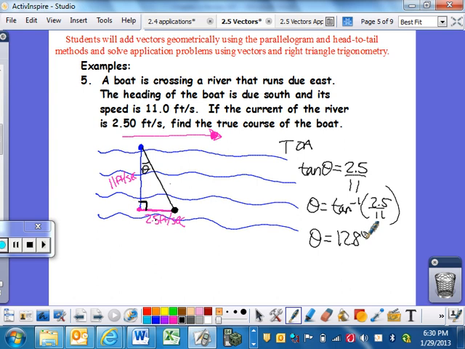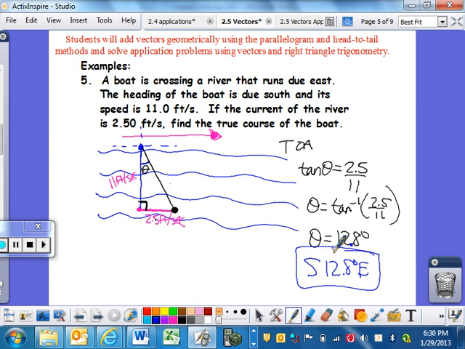Now, to actually give me the true course, what direction is the boat actually moving? So what you want to do is think about this as a crosshair starting point, and I'm traveling starting south, traveling towards the east, 12.8 degrees. So my true course would actually be south 12.8 degrees east for a bearing.